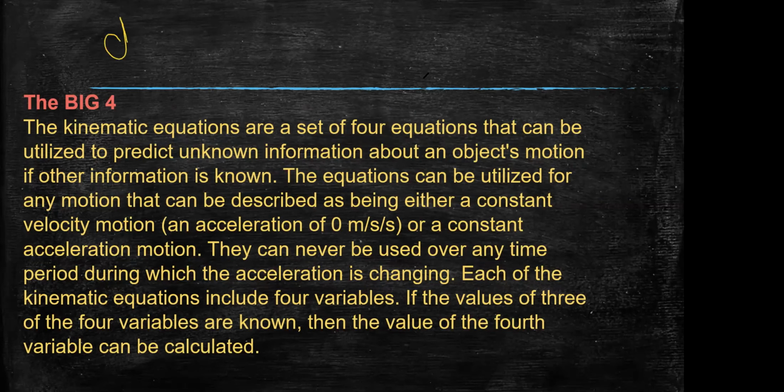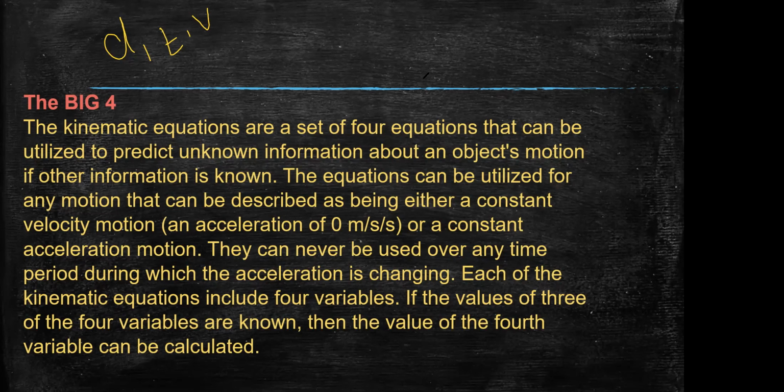I mean, all of us know that if I have D, if I have T, I want to find V. In physics, I need a formula. So these equations tell me that if you know the distance and you know the time and you want to find V, the velocity here is the distance over time.